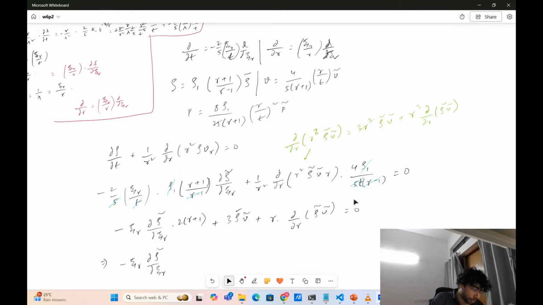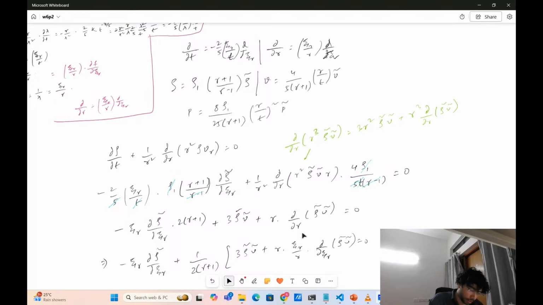So we'll get 1 by 2 gamma plus 1, and within the bracket we'll have 3 rho tilde v tilde plus this r times del r of, so del r is xi r by r del xi r, rho tilde v tilde equals 0.